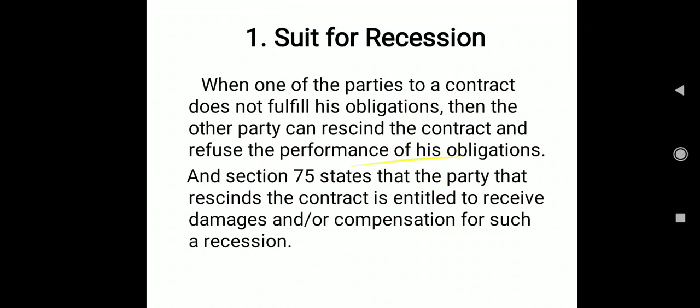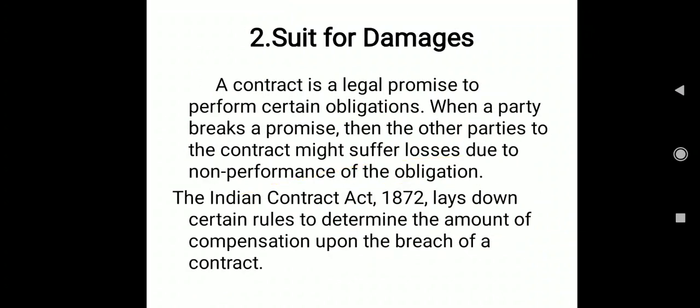Now next we will go to your suit for damages. As earlier also we have seen, a contract is actually a legal promise to perform certain obligations, and whenever a party breaks the promise, the other party to the contract might suffer loss due to the non-performance of the obligation.